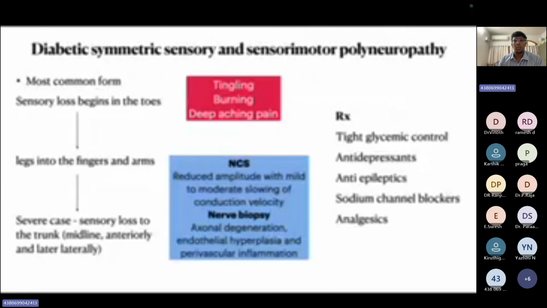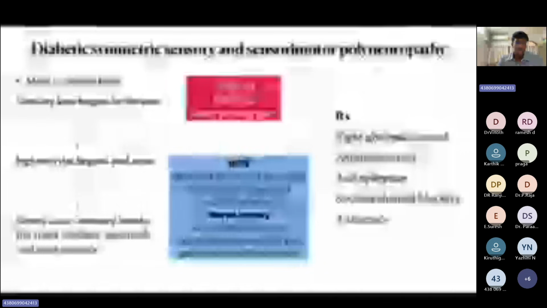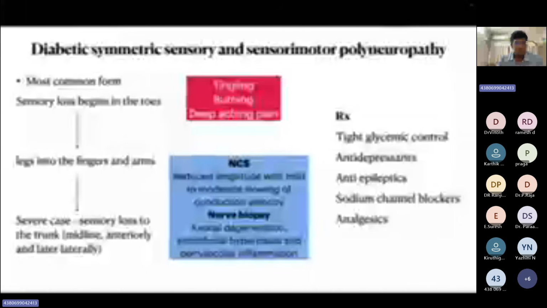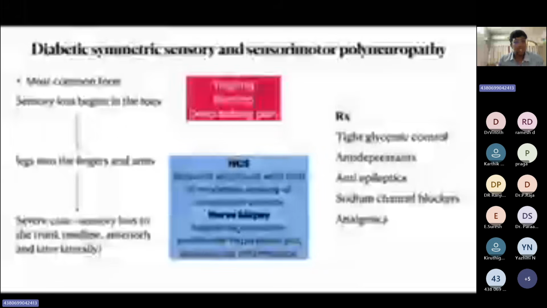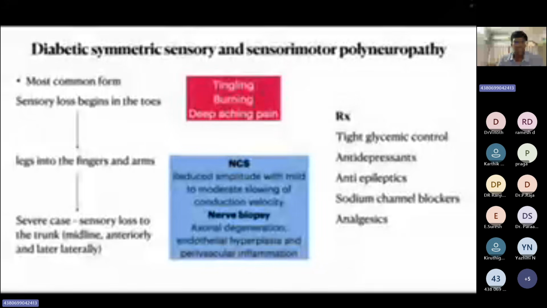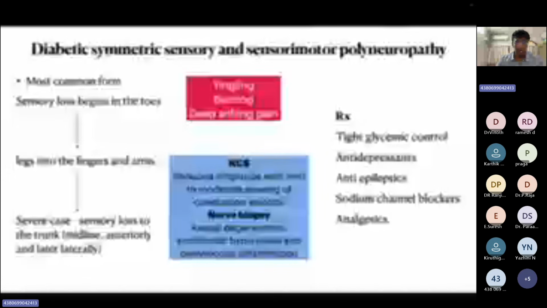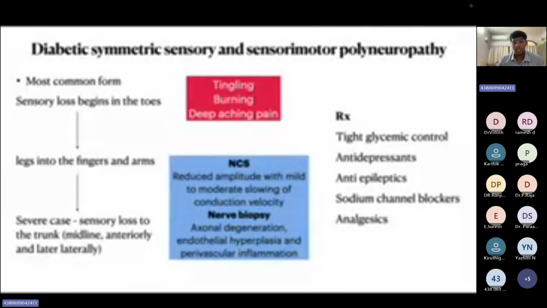So going into the most common form, which is the diabetic symmetric sensory and sensory motor polyneuropathy, the sensory loss usually begins in the toes, which gradually progresses into the legs and into the fingers and arms later. In more severe cases, the sensory loss progresses to the trunk, which is more in the midline, then midline and anterior part, and then progresses later to the lateral region.